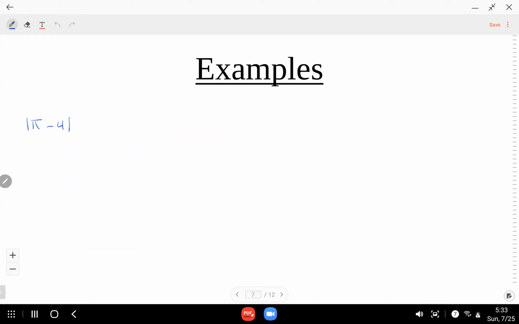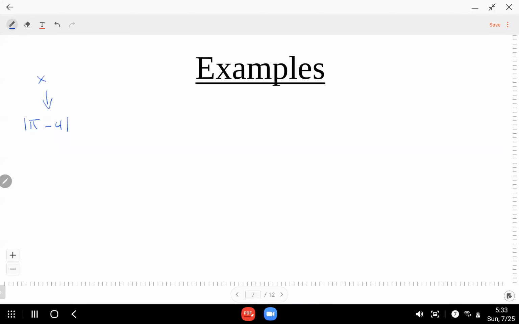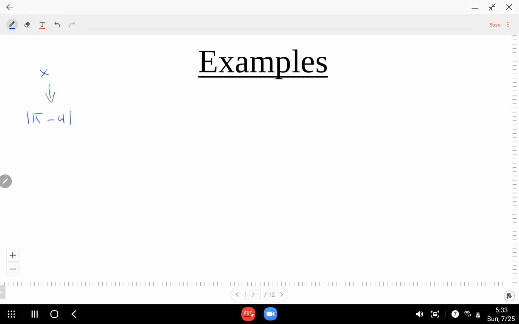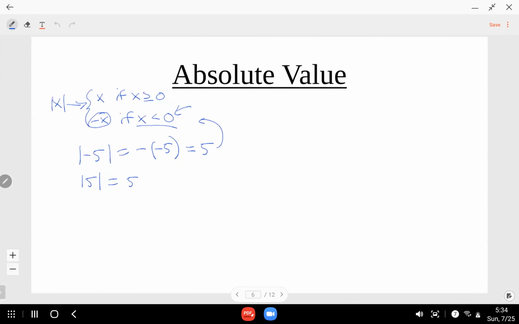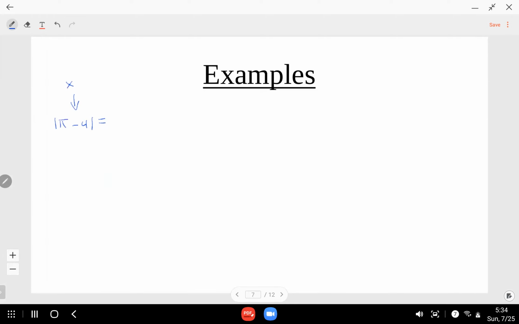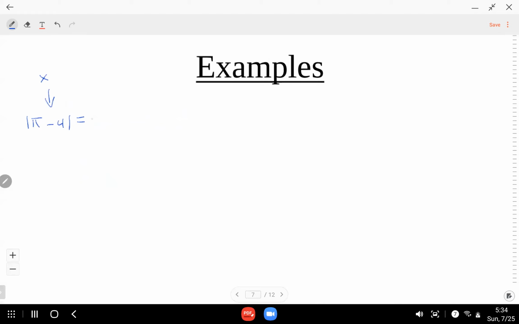So it's negative, right? And pi minus 4 right here is x. If x is less than 0, then the result of the absolute value will be negative x. So basically the answer is negative pi minus 4, which is 4 minus pi. All right? Does everybody understand how we get that?